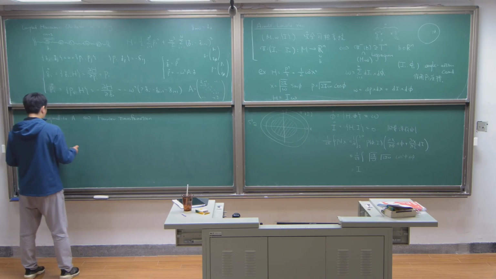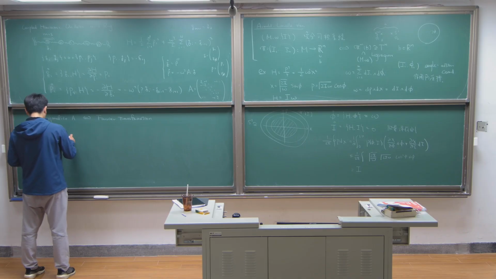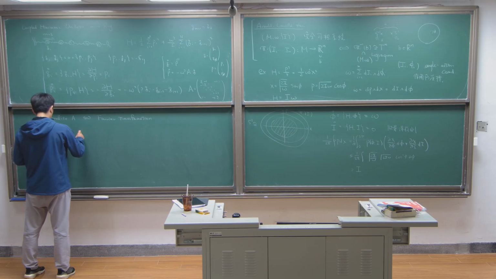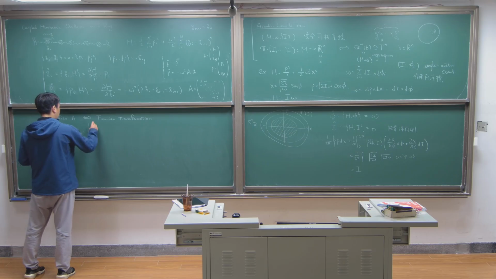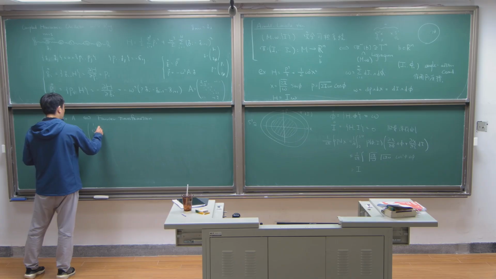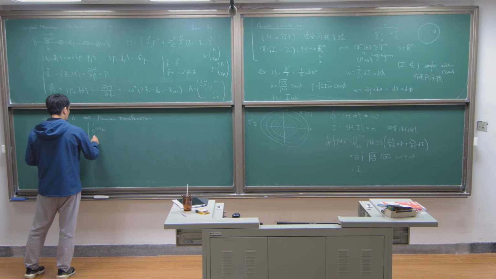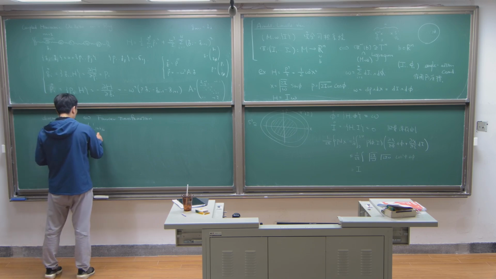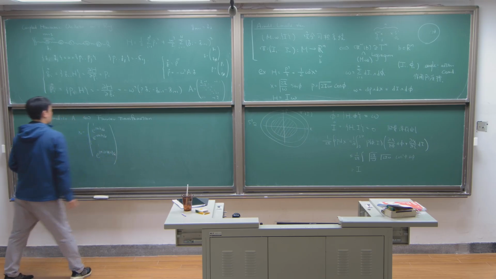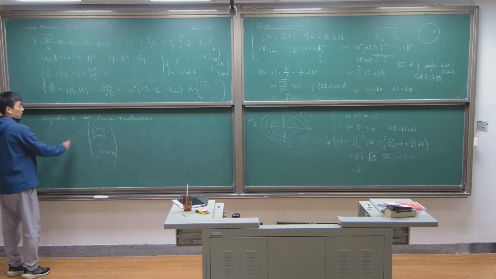So suppose you have the A. Diagonalizing A means as follows. The eigenvector x_k is given in this way.